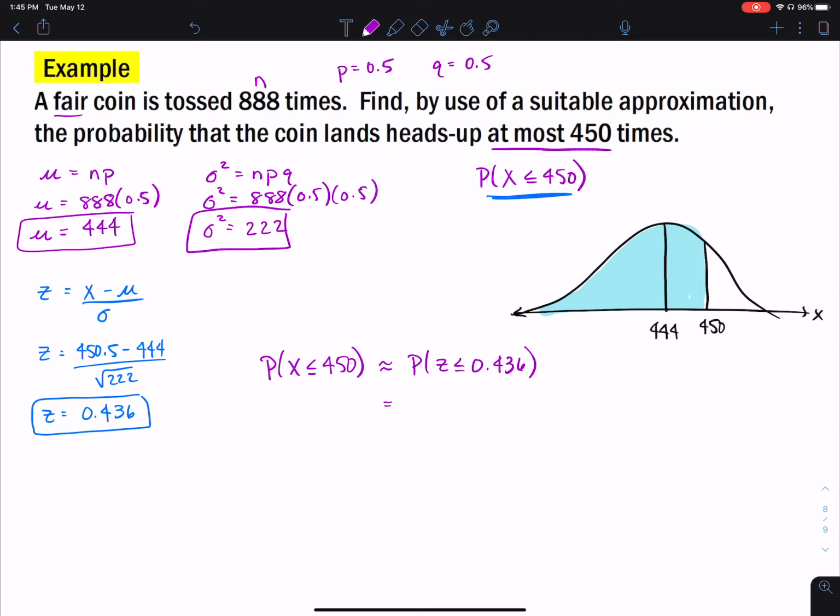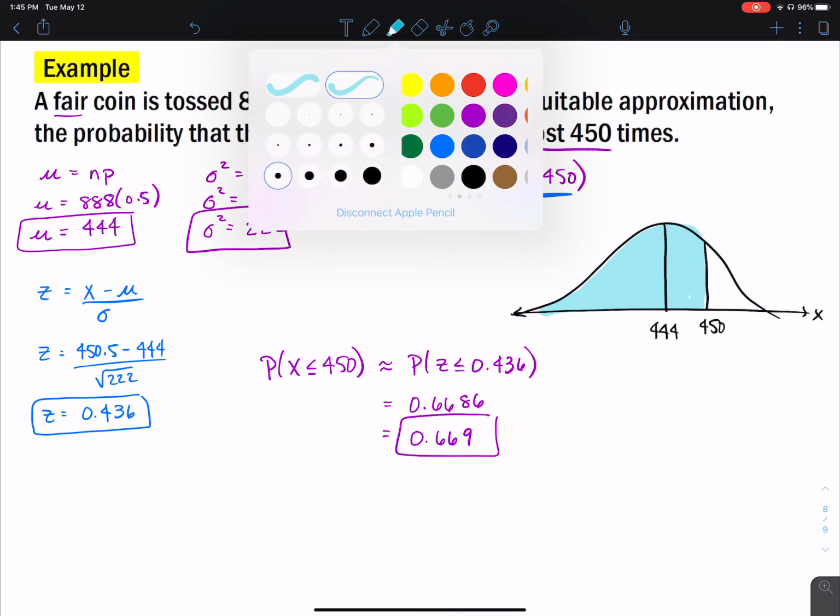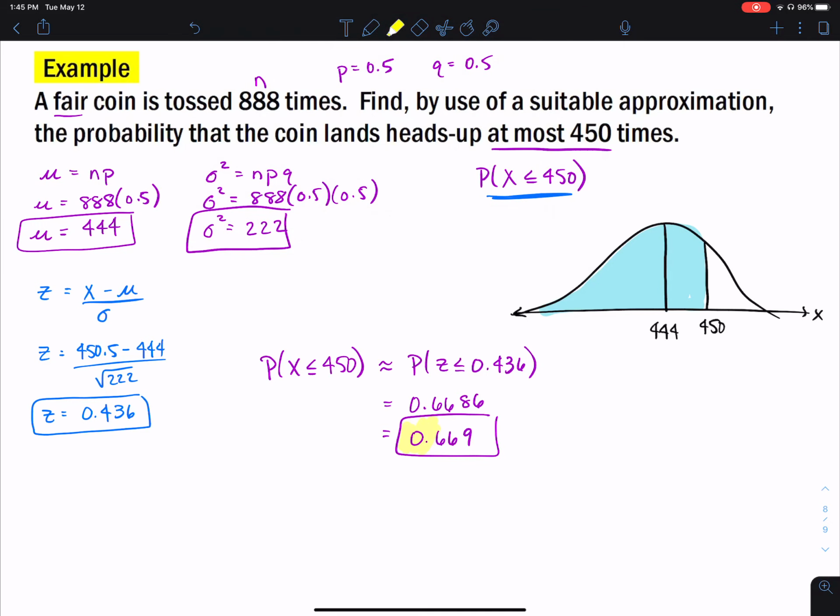Looking up this probability, you get 0.6686. Then round to 3 sig figs, and you get 0.669 for your answer. Like I said before, that makes sense because we are expecting a probability greater than 50%.